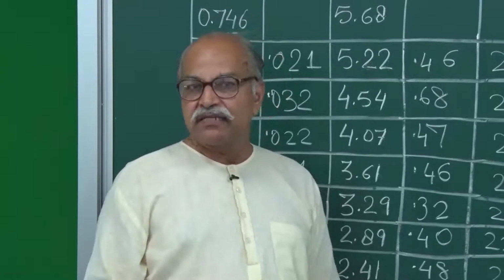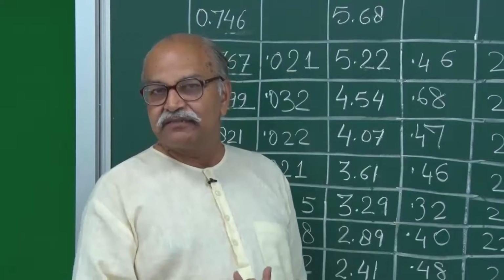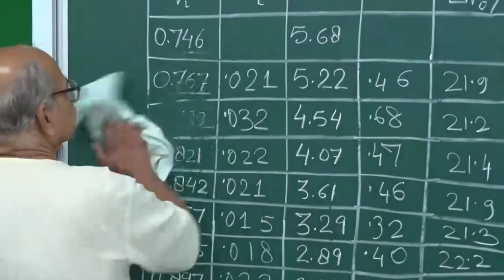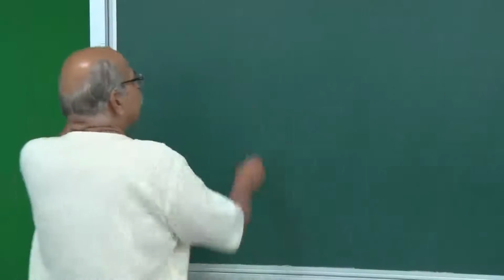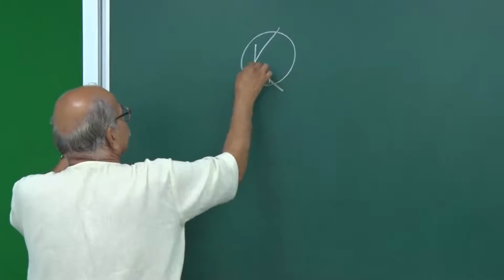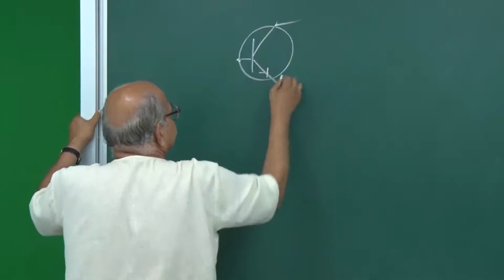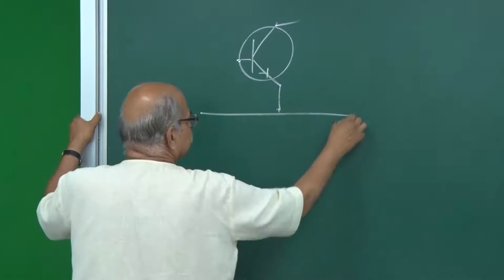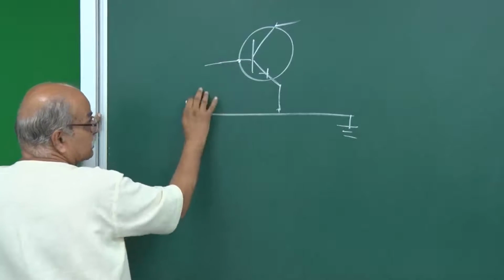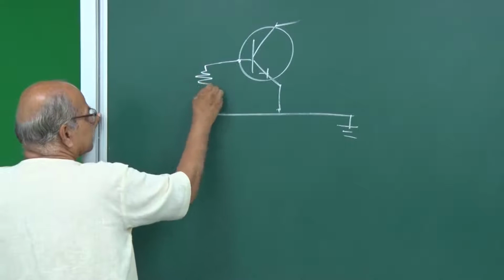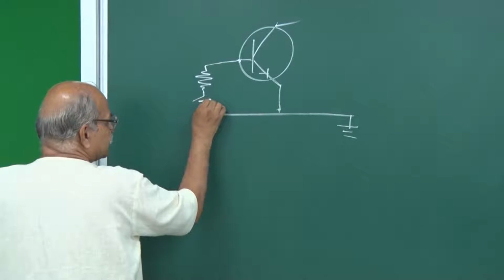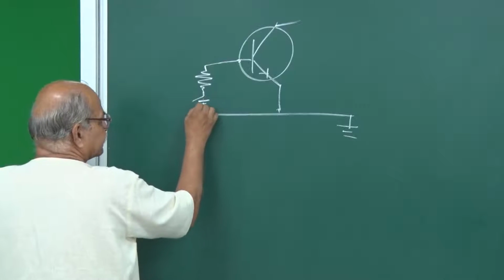So the circuit of a transistor as a switch will be the same as this common emitter circuit that we had done. Let me draw it again. So you have that transistor, and then the emitter is grounded, and on the base side you have your controls here. So you have some resistance, and after that you have some kind of, let me first put a switch here like this.